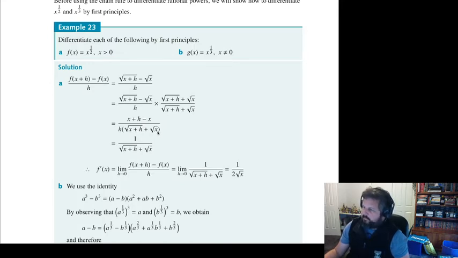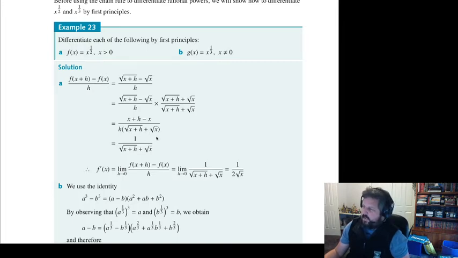From here, things can simplify down. Obviously if we've got h and an h here, they cancel each other out. Fits into itself once, so fits into itself once. x take away x is 0, so you're just left with the 1 on the top line there. Hopefully you can see how that works.